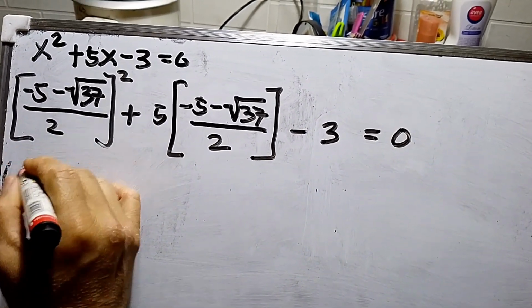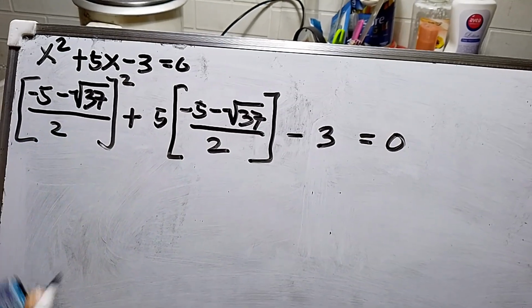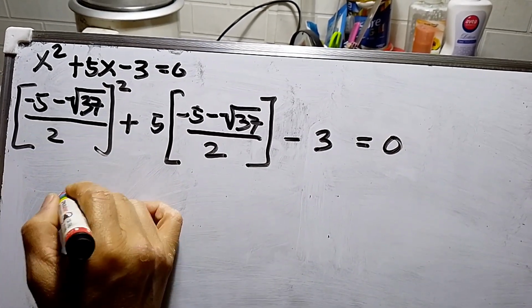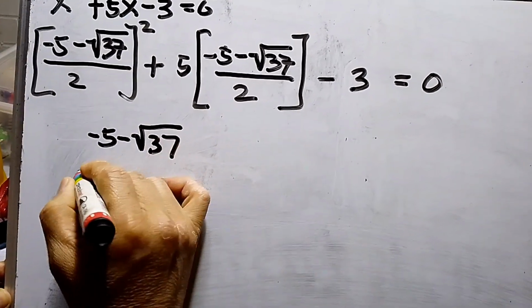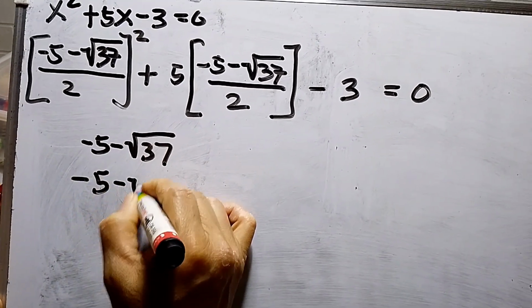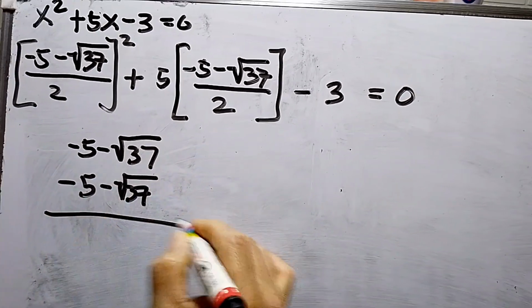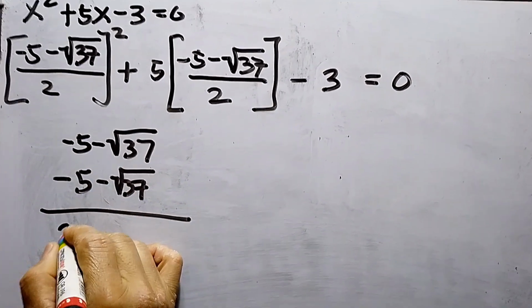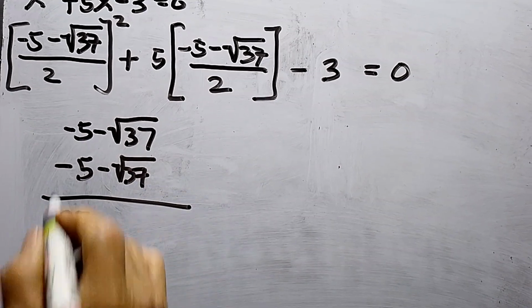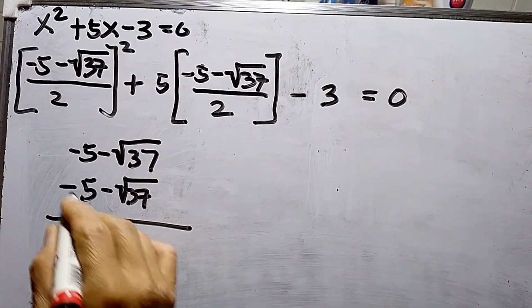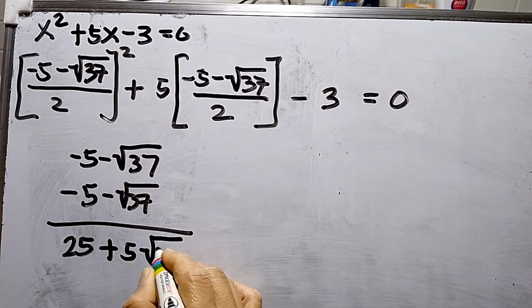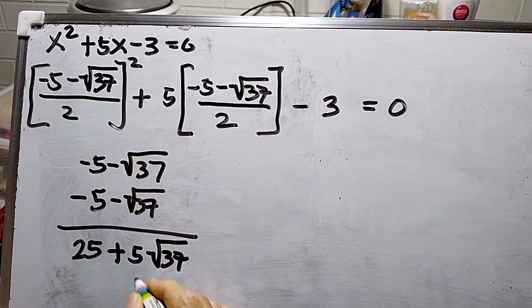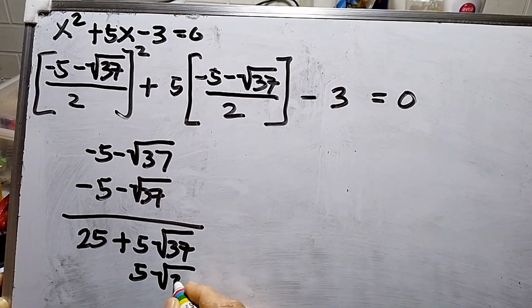So again, I have to multiply this one twice. So negative 5 minus square root of 37 times negative 5 minus square root of 37. Negative times negative will be positive. So 5 times 5 is 25. Then this one, negative negative, that will be positive 5 square root of 37. And this one, 5 square root of 37.